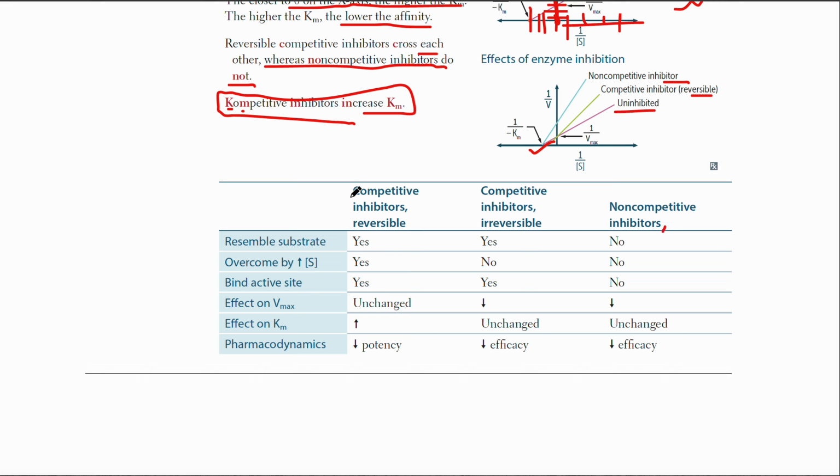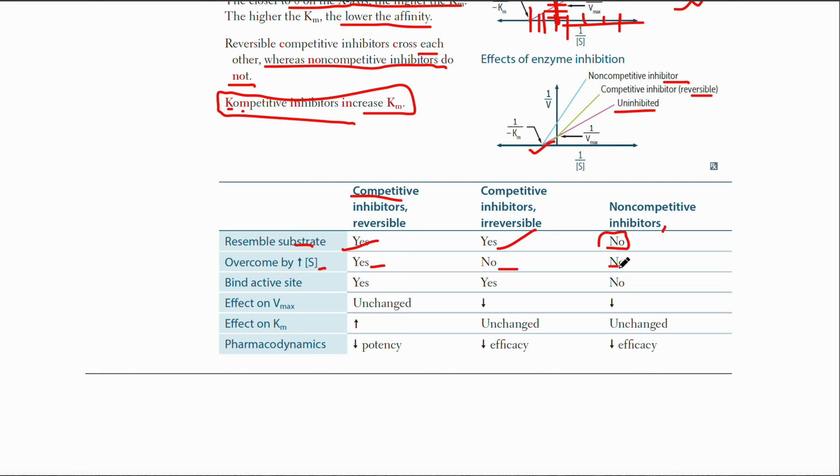So, do competitive inhibitors resemble the substrate? Yes, they do. And competitive inhibitors, irreversible? They also do. But non-competitive inhibitors do not resemble any substrate. Are they overcome by increased substrate concentration? Reversible competitive inhibitors are overcome, but the other two are not.